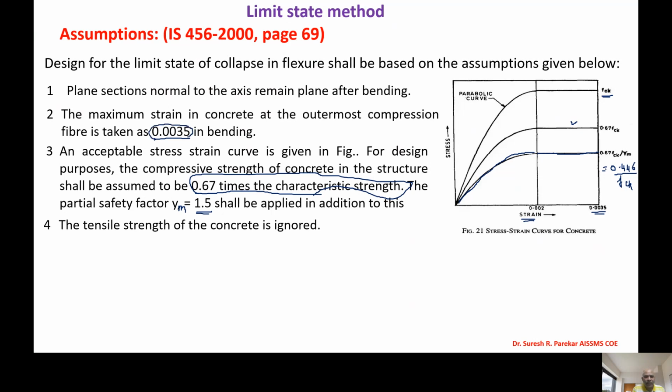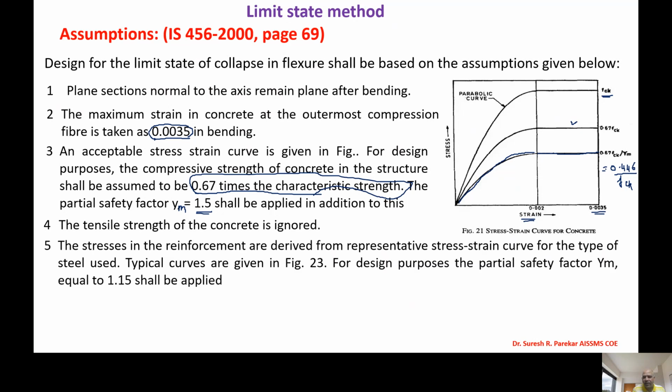Now the next assumption is that the tensile strength of the concrete is ignored. The stresses in the reinforcement are derived from the representative stress strain curve for the type of steel used. Typical curves are given in figure 23. For design purposes, the partial safety factor, given as 1.15, shall be applied.